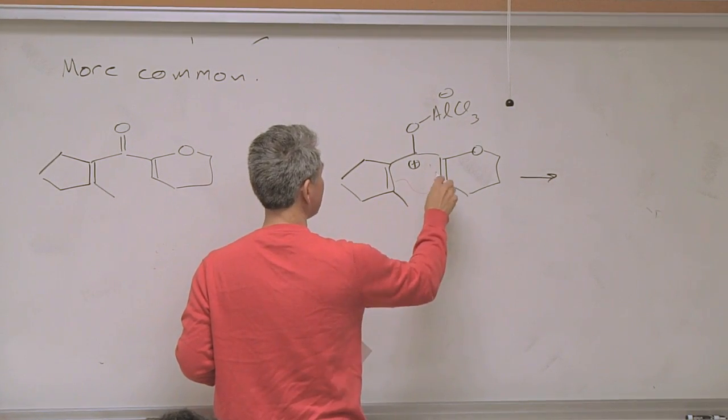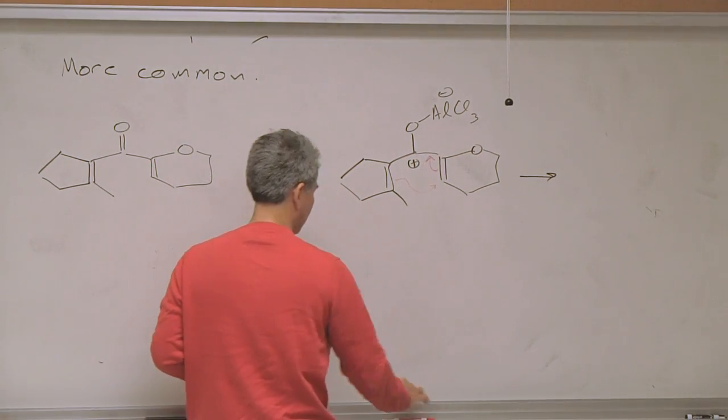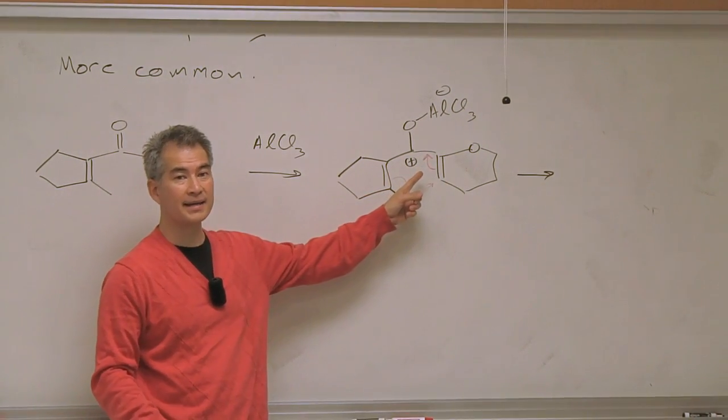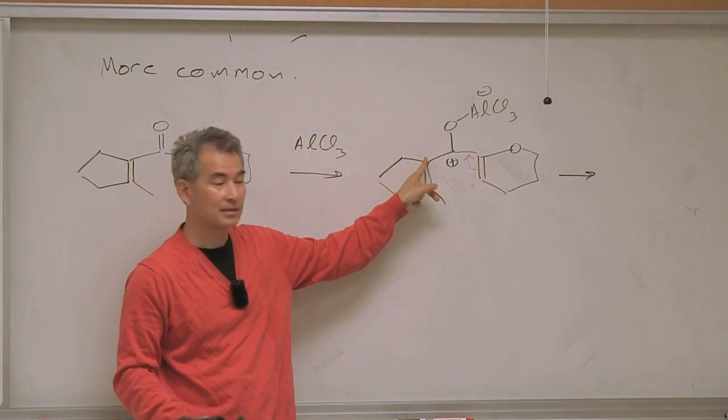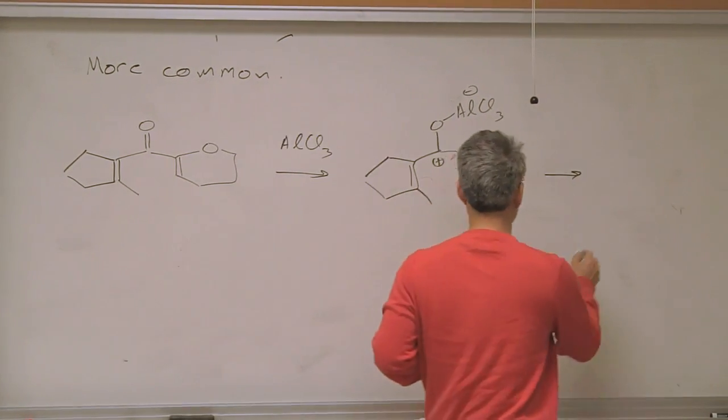It's a 4-electron process. There's 4 electrons in this pi system. And you can see if I start with a cation here, somewhere I'm going to end up with a cation. It's going to end up over at this position when I'm done pushing my arrows.